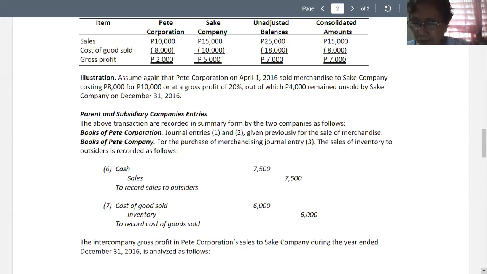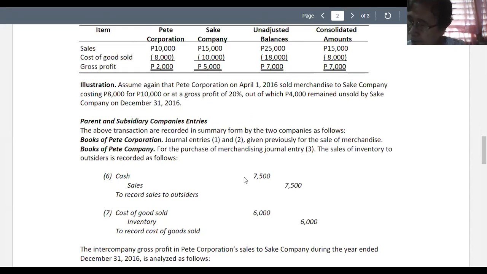It will credit inventory only for 4,000, unlike in illustration number 1, where it credited inventory for 10,000. This time, only credit inventory for 6,000 because the cost of goods sold is only 6,000. As stated in the problem, there is an inventory left unsold at the end of the year of 4,000.